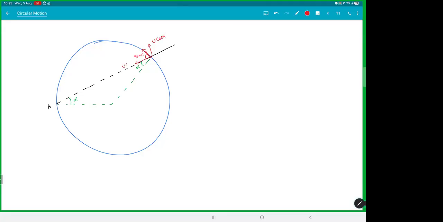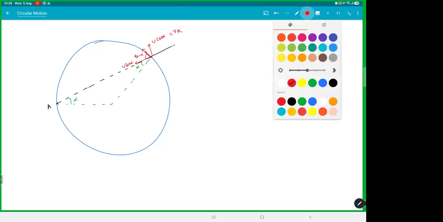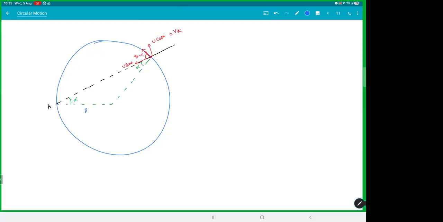This will be u sin alpha. So u cos alpha is your v tangential. If this is R and this is R, we can drop a perpendicular. This will be R cos alpha and R cos alpha. So we get omega of A is v tangential by the right distance, which is u cos alpha, and the distance will be 2R cos alpha. Cos alpha will cancel, you get u by 2R. Got the same?